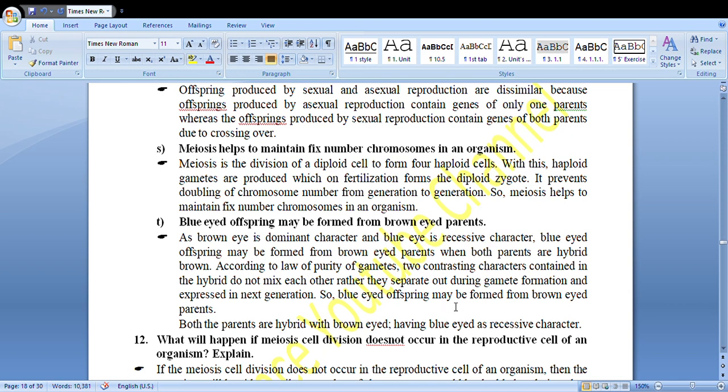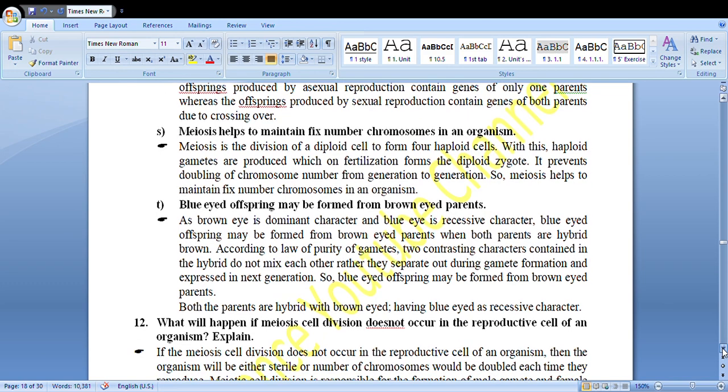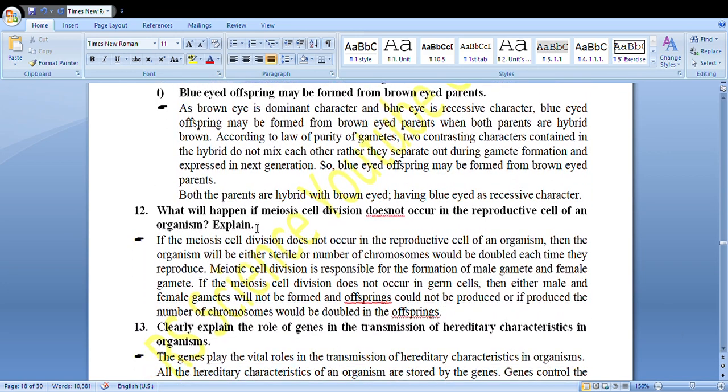So blue-eyed offspring may be formed from brown-eyed parents, both of whom are hybrid with brown eyes, having blue eyes as a recessive character.